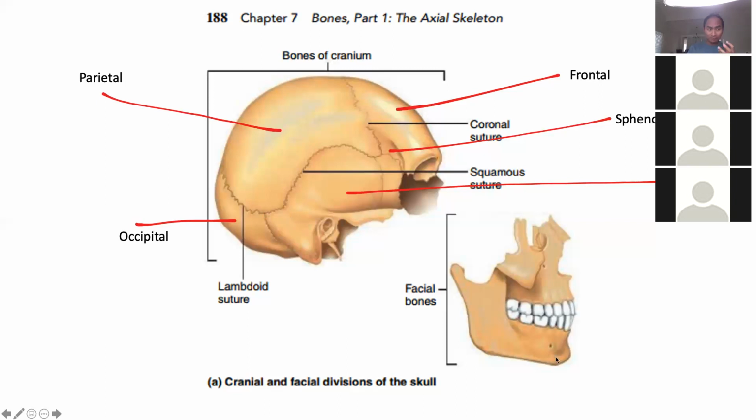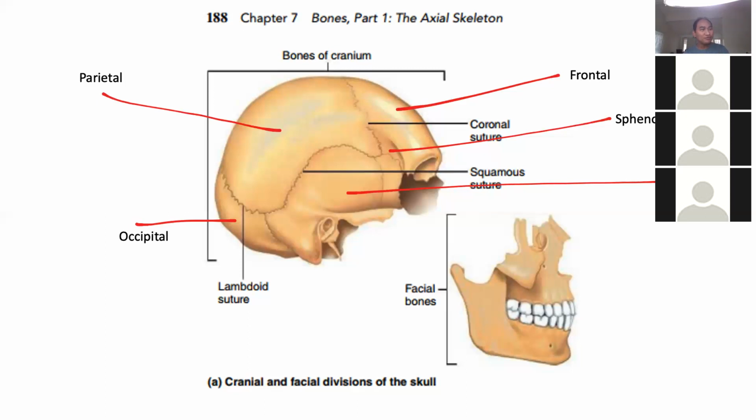That is the cranium, the bones of the cranium, and this is the bones of your face. So there is a difference when we talk about head and face injury: there is a difference between cranial injury and facial injury.